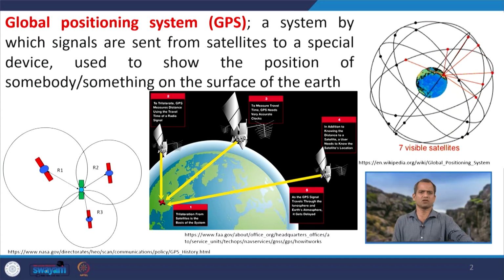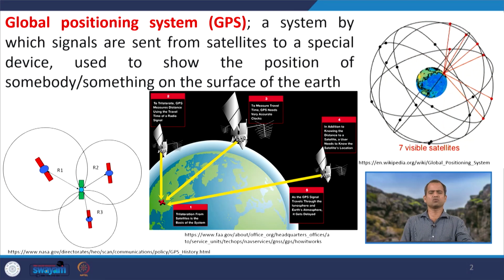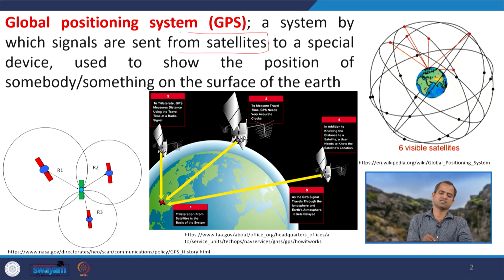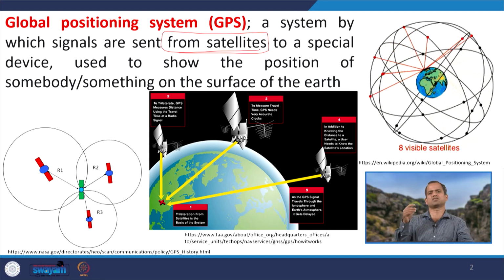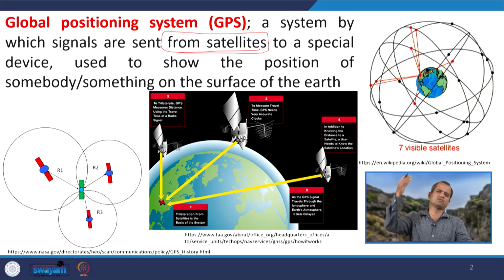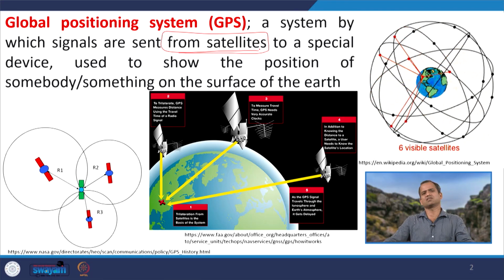So before talking about plate tectonics and relating it to the GPS system, we should know what exactly a GPS is. GPS is a system by which signals are sent from satellites. So that means it is a satellite based system. You have heard of the different satellites we have in the ionosphere above. Those satellites are monitoring our movement.